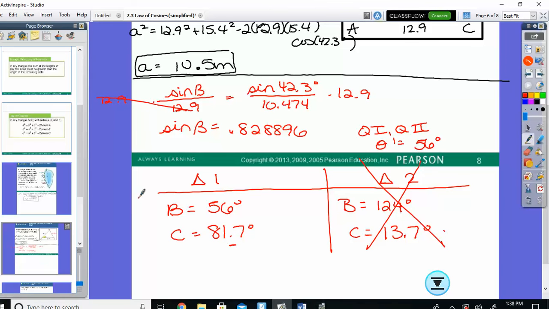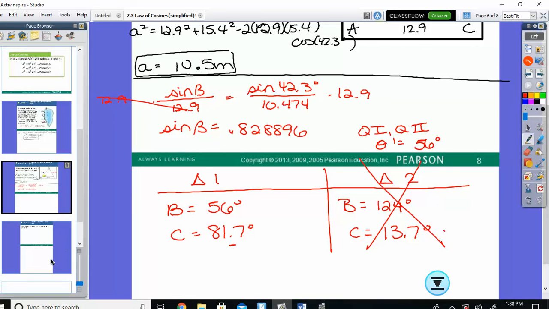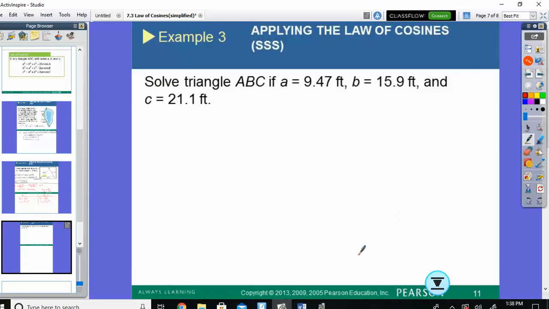I want to do one more example where we're finding all the information in the triangle. But this time, I'm going to give you all the sides to start with. So we have triangle ABC.